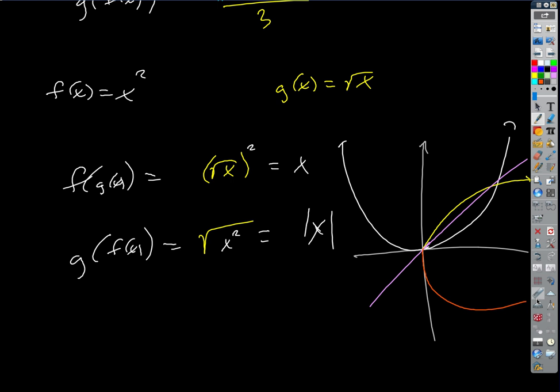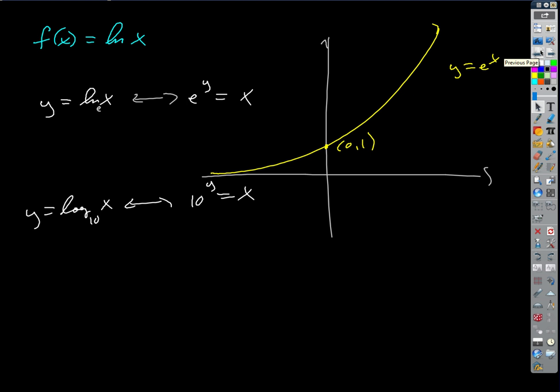Okay. All right, so let's go back to logs then. So let's derive the inverse of the log function real quick. Easy to do. Same recipe you already told me.